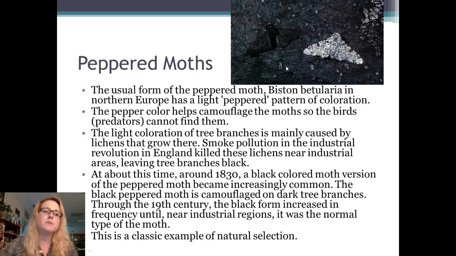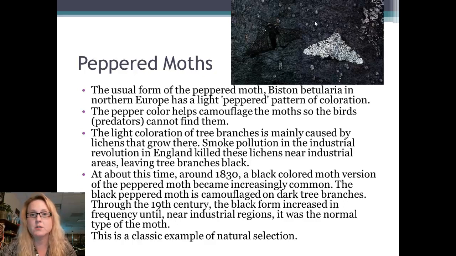At about this time, scientists started noticing that these moth populations started changing from the white speckled variety to a black speckled variety. And this black speckled form is camouflaged on the dark tree branches. And through the 19th century, this black speckled form increased in frequency until near industrial regions it was the normal type of moth.